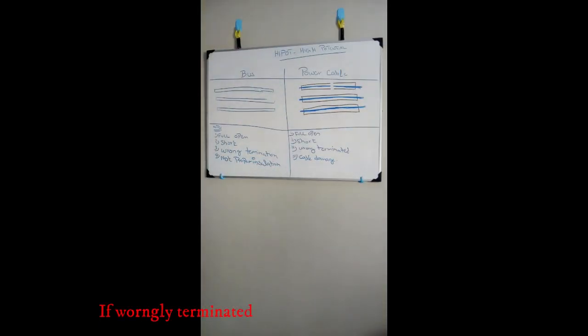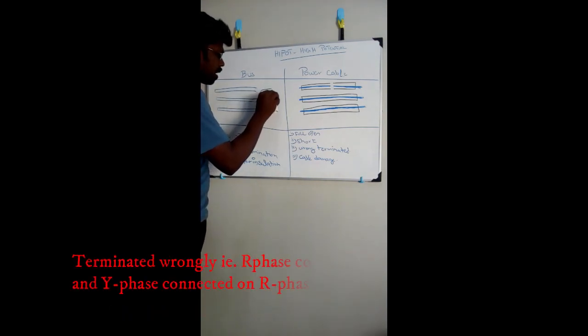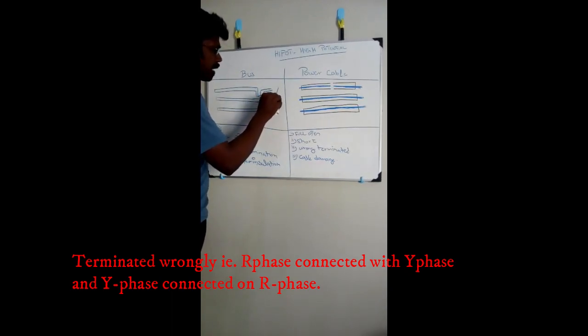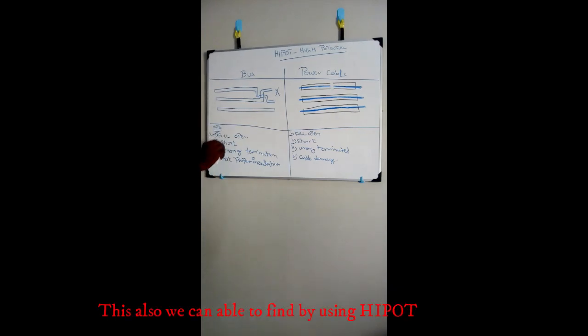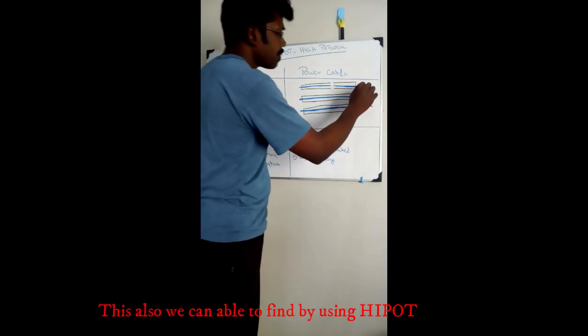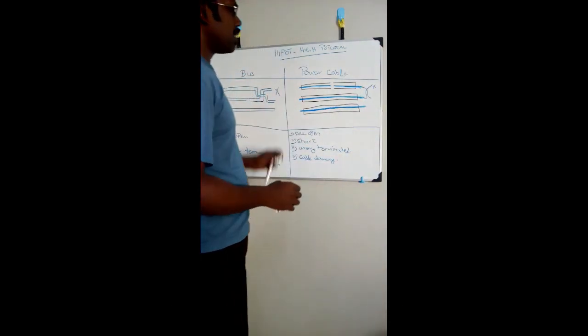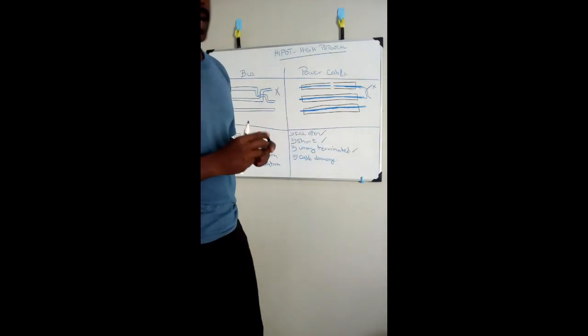Also, if there is wrong termination, that means if this bus bar is terminated over this area and it is terminated wrongly, we can find this using HIPOT. If you terminate the termination wrongly, you can find this using HIPOT.